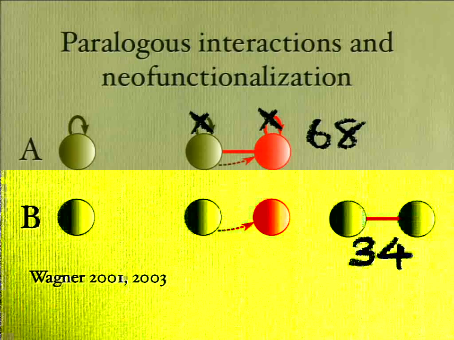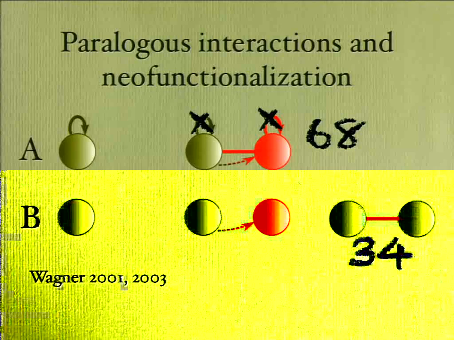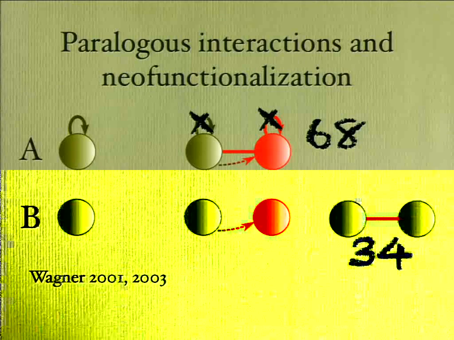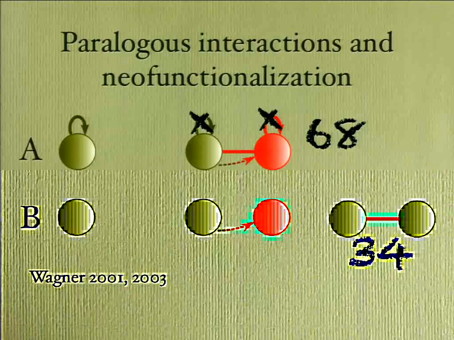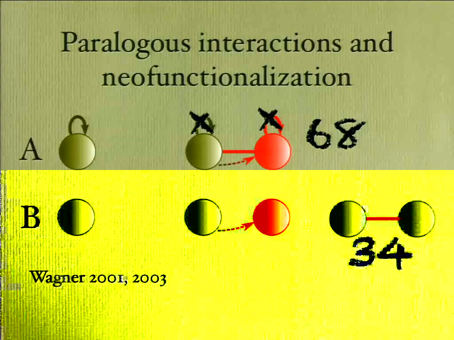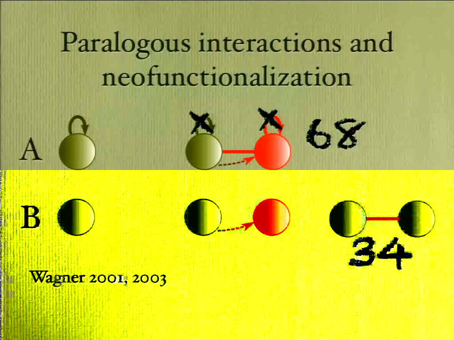Either 34 interactions formed de novo in the network sometime over evolution, or there were these duplications and 68 self-interactions were lost. Obviously the more parsimonious explanation is the 34 de novo. Then this number was extrapolated, and it was found that neofunctionalization is quite ubiquitous in the evolution of these networks.